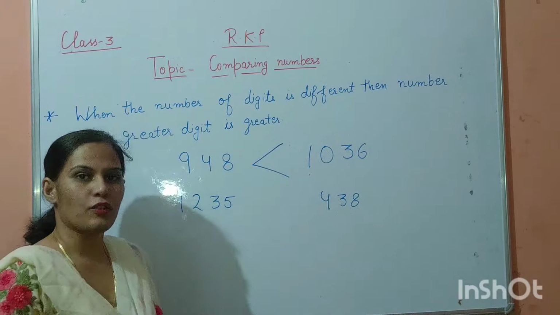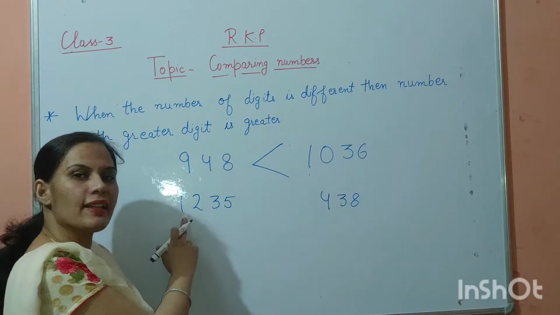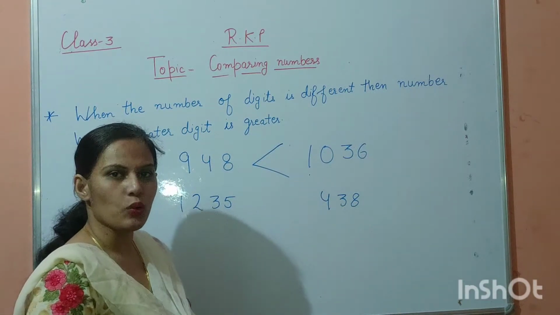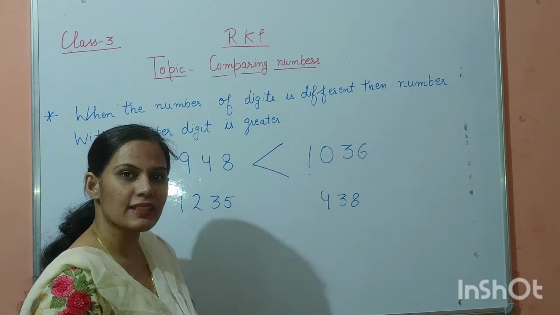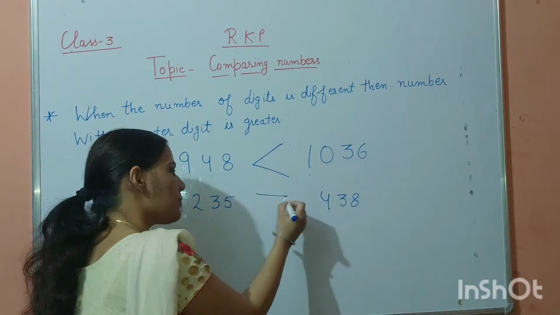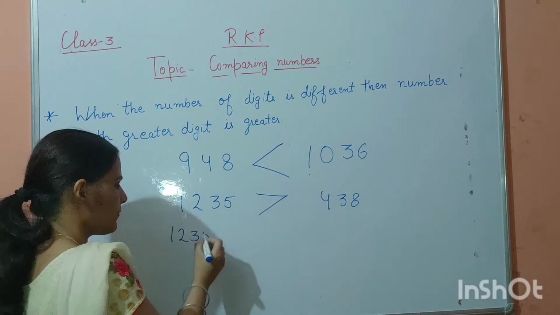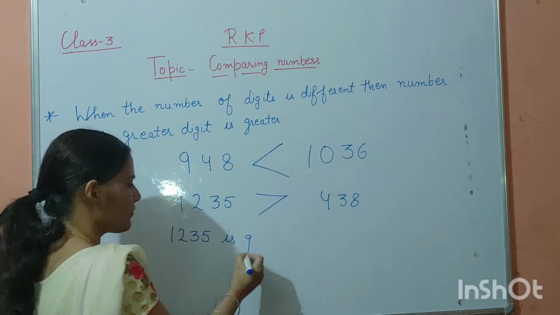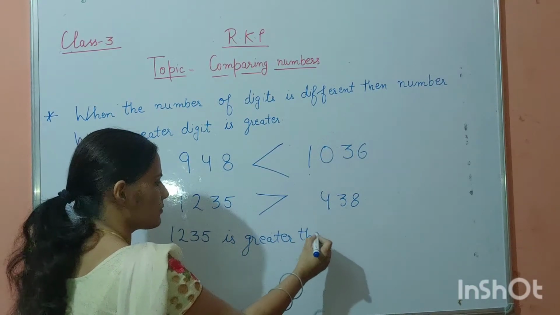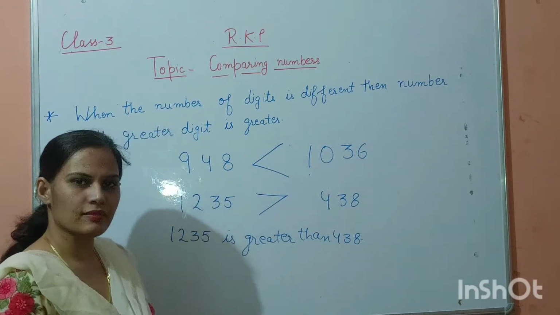Let's take one more example. Now first of all count the number of digits. 1, 2, 3, 4. It has 4 digits and it has 3 digits. Then which number is greater? This. Then what sign will come? Greater than. Means you can say 1235 is greater than 438, right?